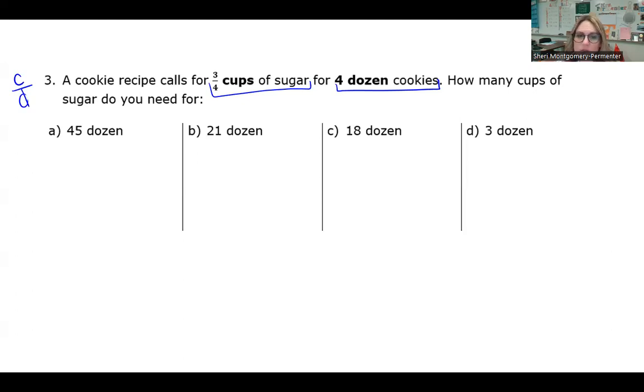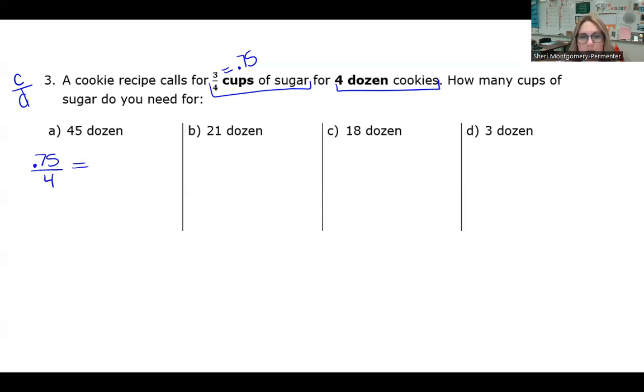Not me. So think about quarters. If you have 3 out of 4 quarters, then how much do you have? Or what is 3/4 as a decimal? 0.75.